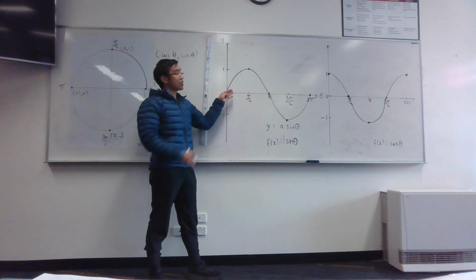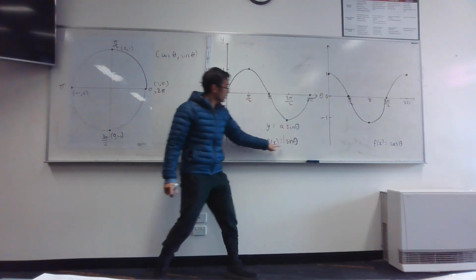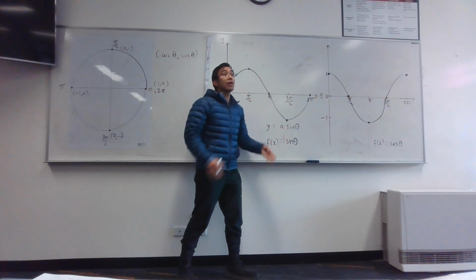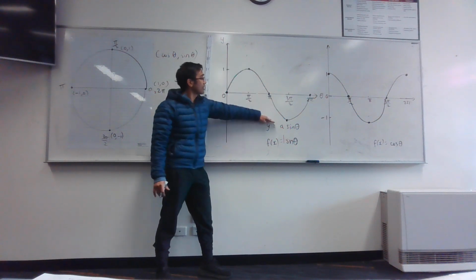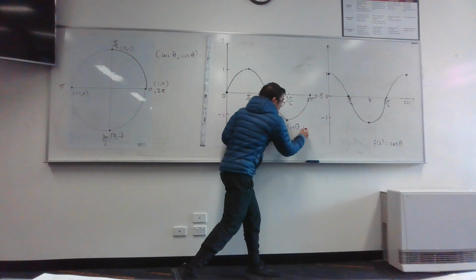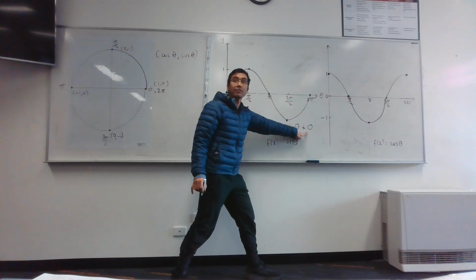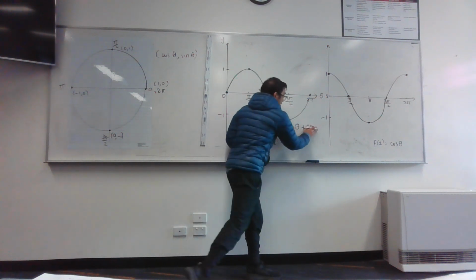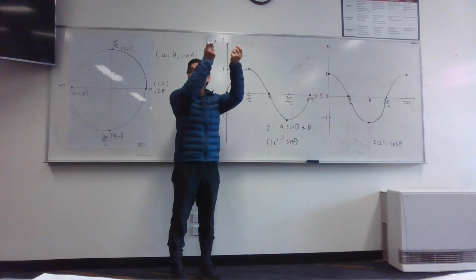But this is only stretched to 1. 1 up and 1 down. So that's 1. Notice this graph is sitting on 0. From here to here, the average is 0. So sometimes, for this one in particular, there is no shift. The number at the end will move it up or move the whole thing down.